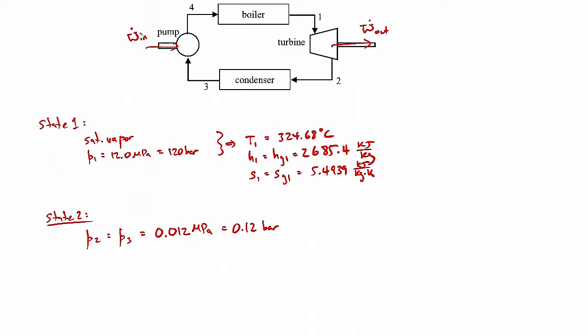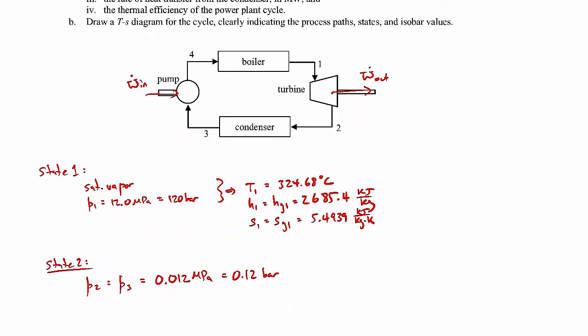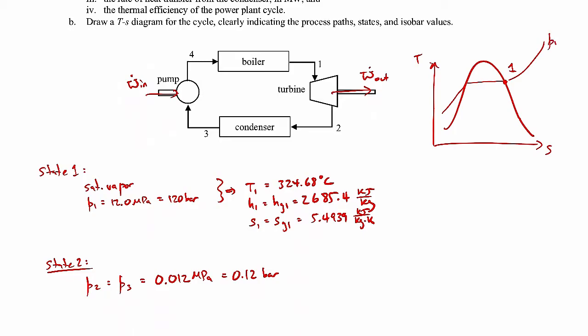And if you recall the picture for a general TS diagram for a Rankine cycle, recall state 1 is right up here, right as a saturated vapor. Let me draw the isobar corresponding to that. So this is P1.